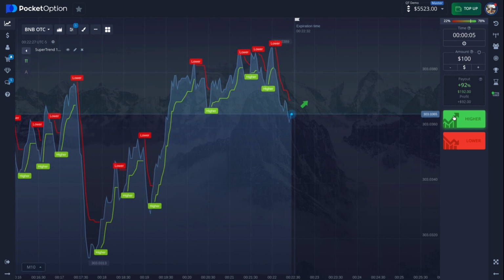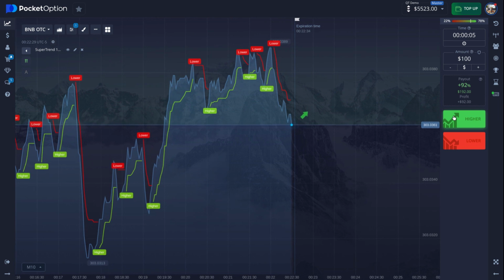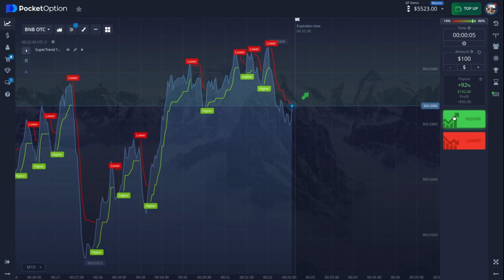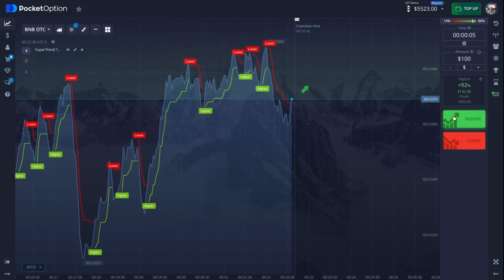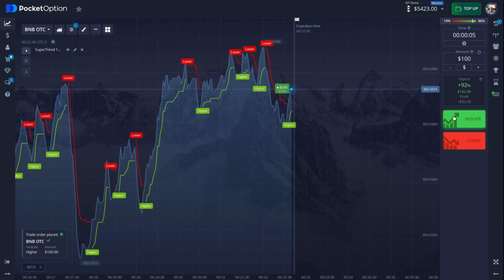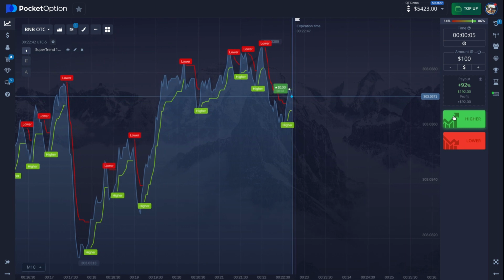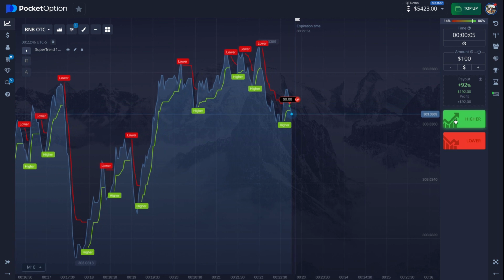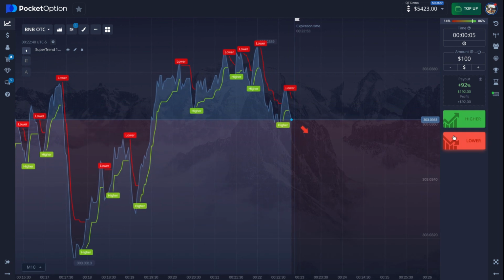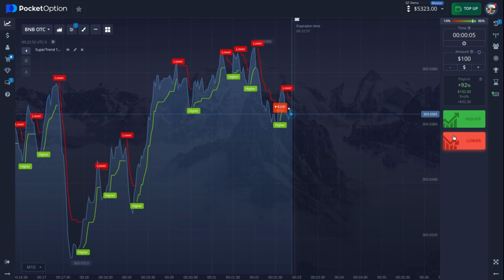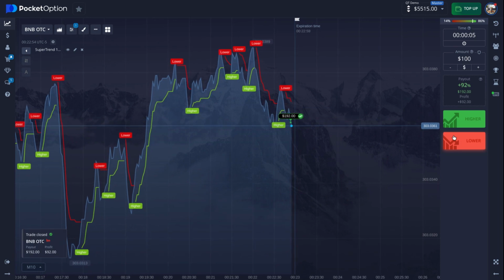Five, 3, and 1 on this strategy with the M10 instead of the M2. Five, 4, and 1. And 6, 4, and 1.